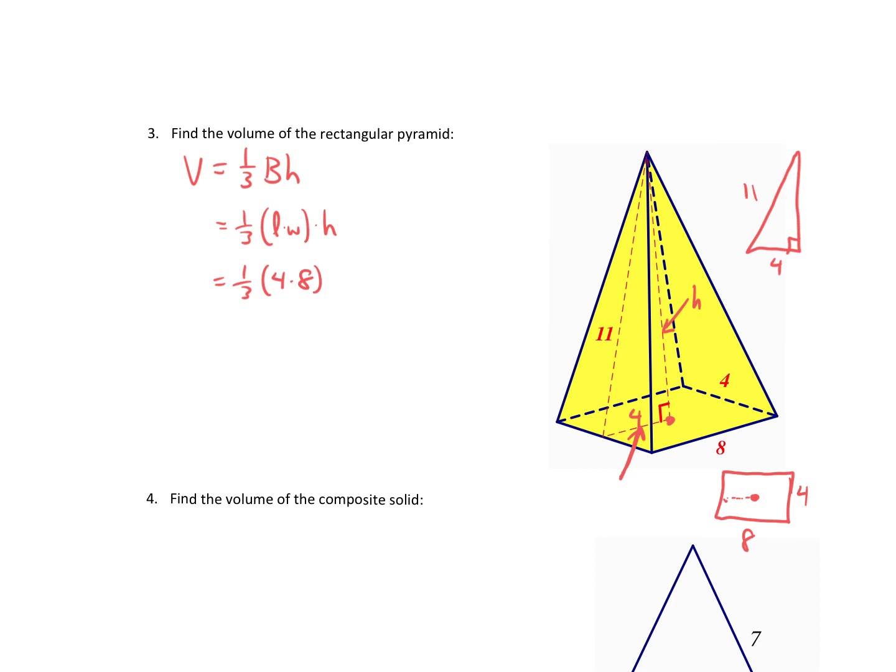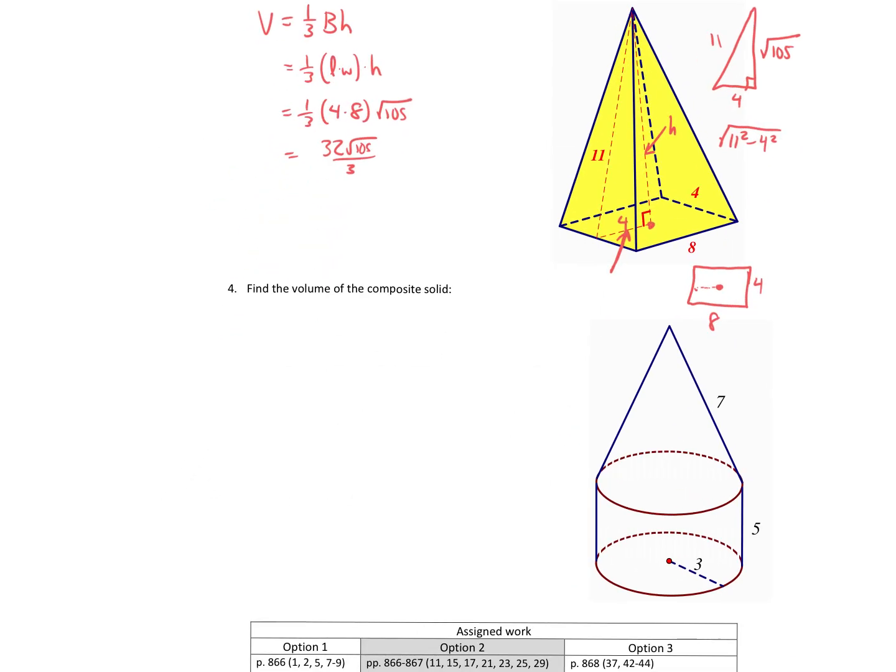And now I can find this using Pythagorean theorem. Bam. And so that is the square root of 105 over here. So square root of 105 times, oh, what is that? 32 divided by 3 times the square root of 105. I'm just going to write it this way. There's my exact answer.